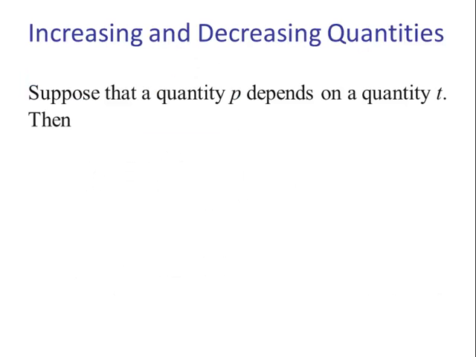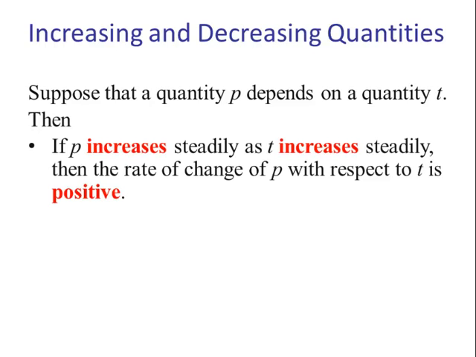Increasing and decreasing quantities. Suppose that a quantity P depends upon a quantity T. So P would be the dependent and T is the independent. If P increases steadily as T increases steadily, then the rate of change of P with respect to T is positive.